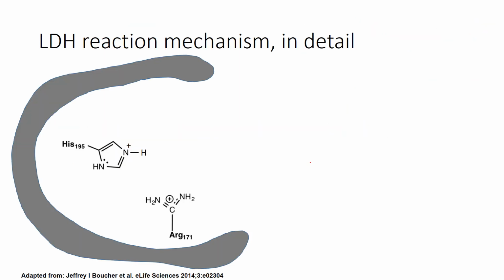All right, so this is what the reaction looks like at the end of the reaction cycle. So the enzyme has kicked pyruvate and NADH out of the active site.